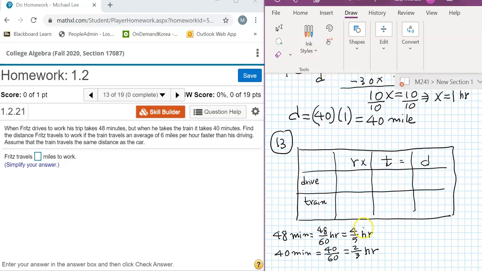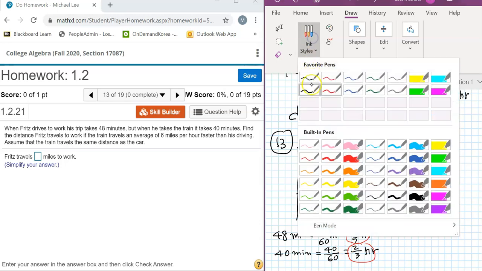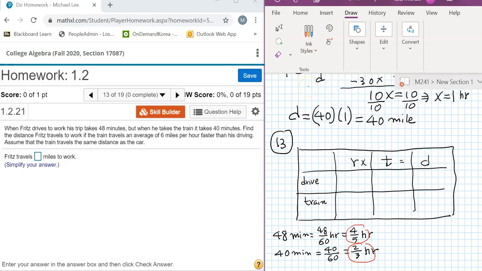And just like the previous case, so keep that in mind. Now we have drive took, this is the time, 4/5, and train took 2/3 hour.